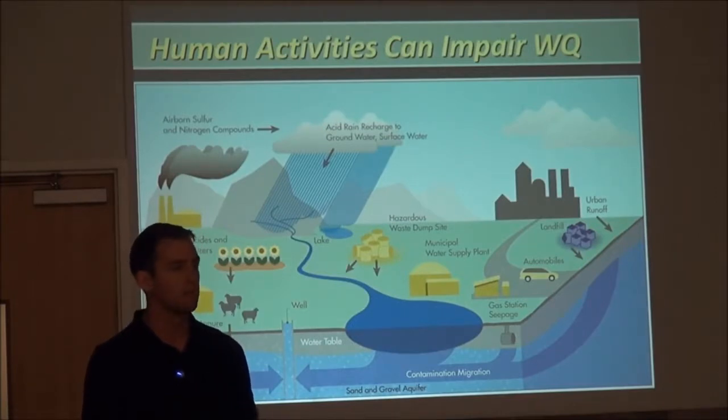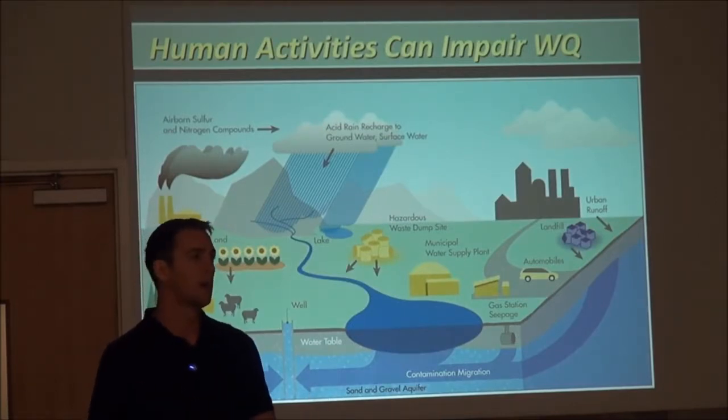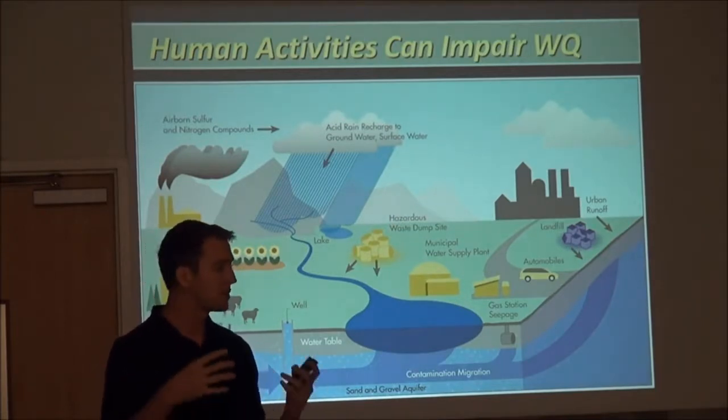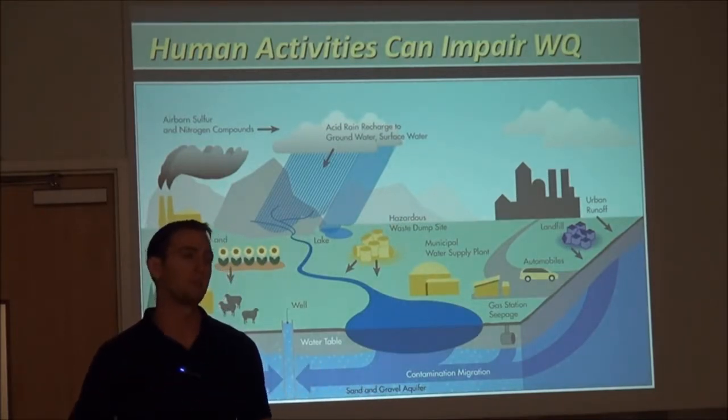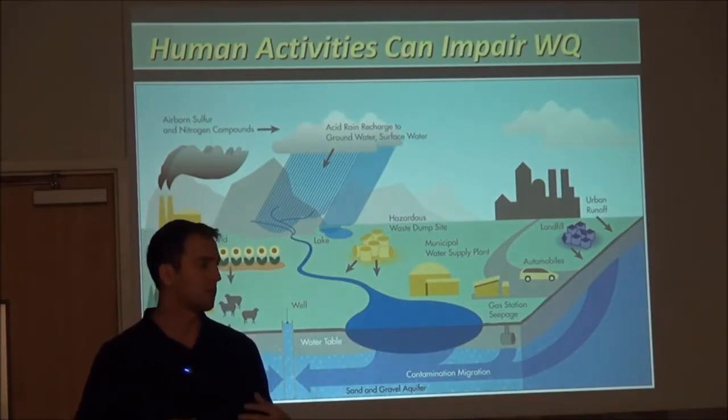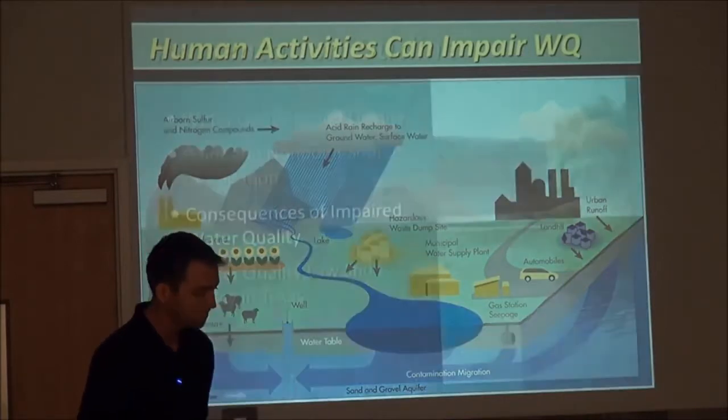Wildlife can contribute, natural processes and functions. So it's not just us, but it's important to recognize that the stuff that we're doing, especially as we're expanding our urban areas and our population's growing, it's important to realize that we're having an impact as well. And so when we're looking at addressing water quality issues, we want to address not only the natural side of things, but our activities as well.